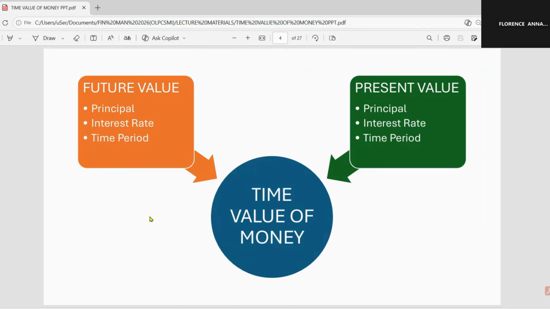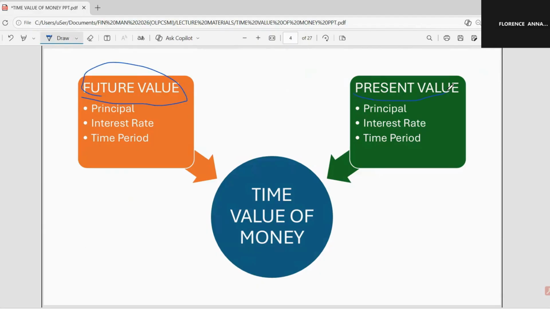Now, under this topic, we will be tackling the two major concepts, which is yung ating future value at yung present value. Both concepts consider three factors, which is the principal, interest rate, at time period.